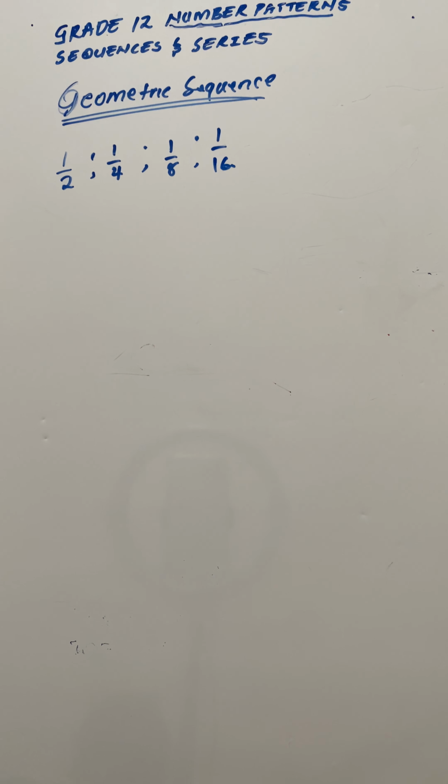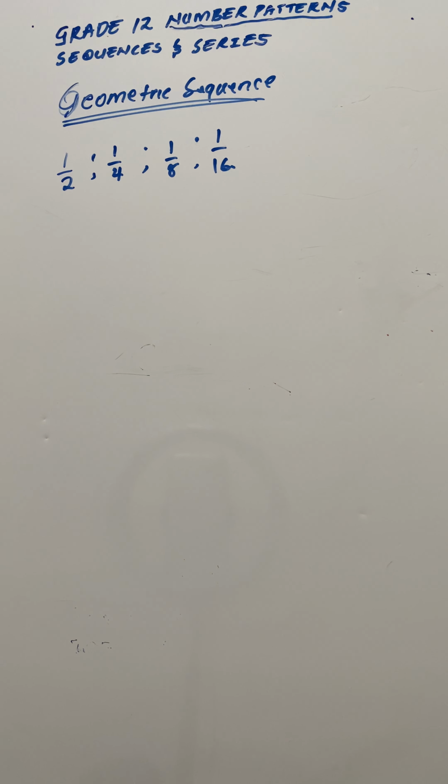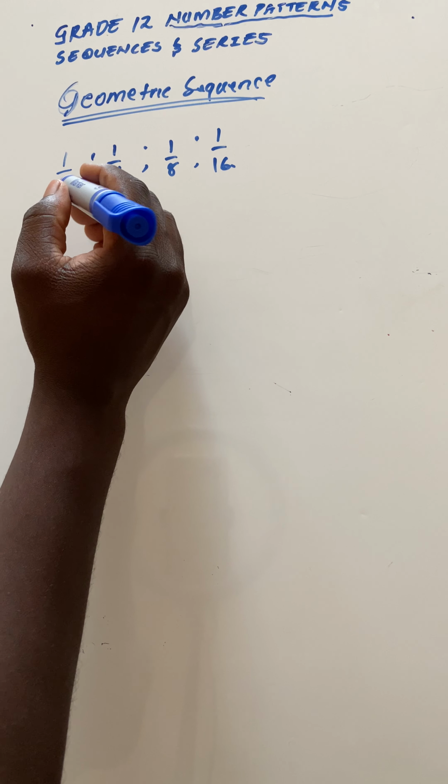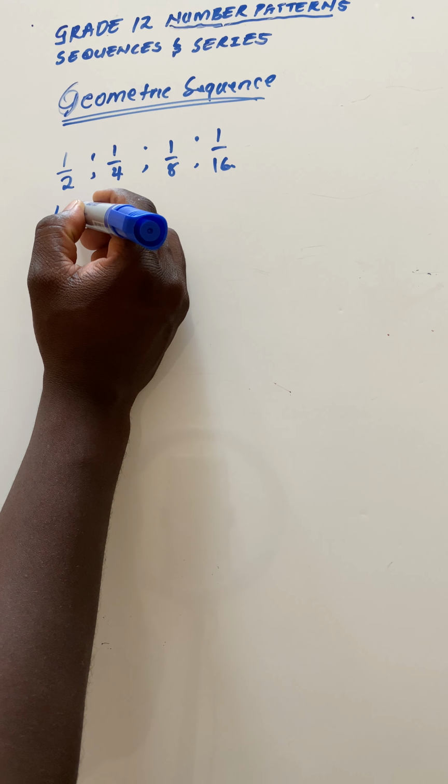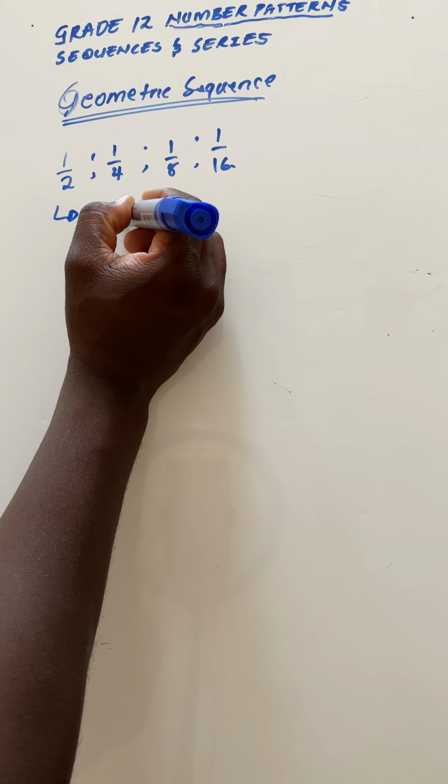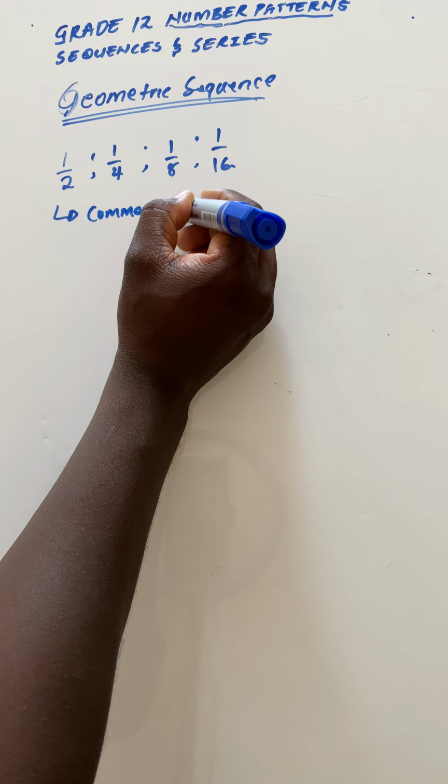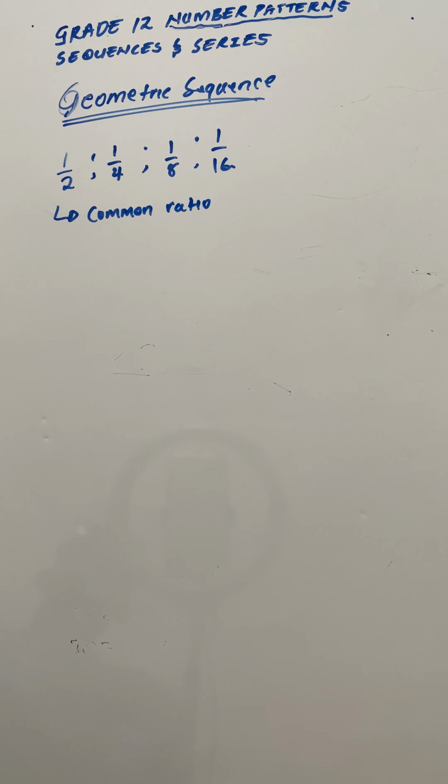For a geometric sequence, there's something special that we're dealing with here. Remember, in an arithmetic sequence, we were dealing with a constant difference. Now, in a geometric sequence, we are dealing with a constant or common ratio. So what is a common ratio?